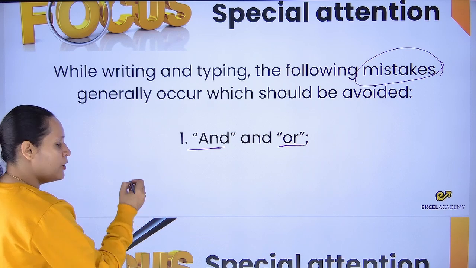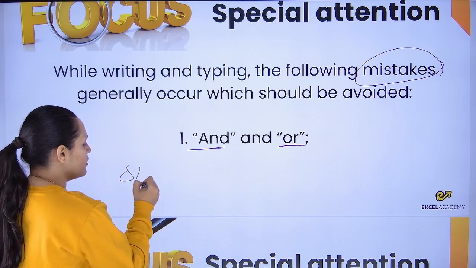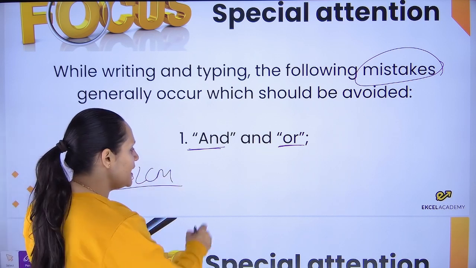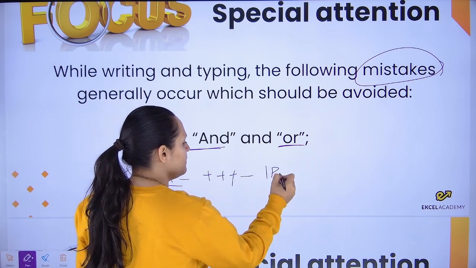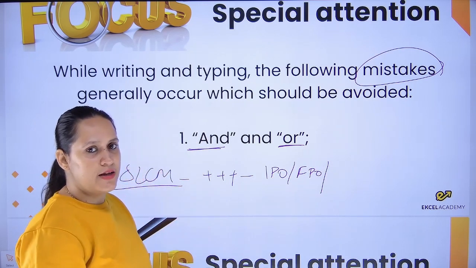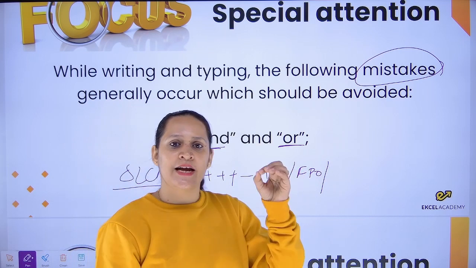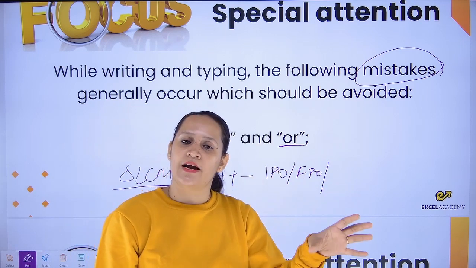Specifically, because you are CS professional students, you would have already come across the subject Securities Laws and Capital Markets. In that, we know that n number of conditions are applicable if a company wants to go for an initial public offer or a further public offer. When we see the conditions, we should see whether each and every condition is required to be fulfilled, or even if one of the conditions is satisfied, we can go ahead.